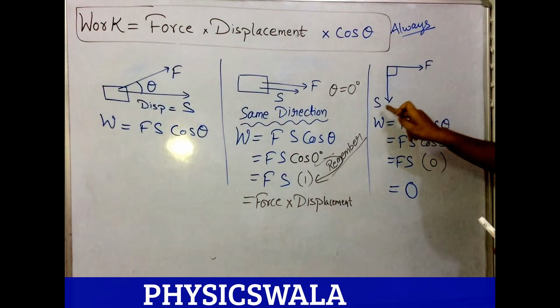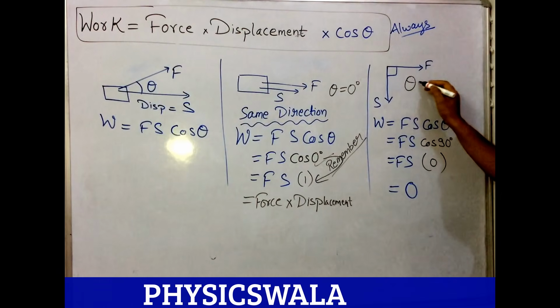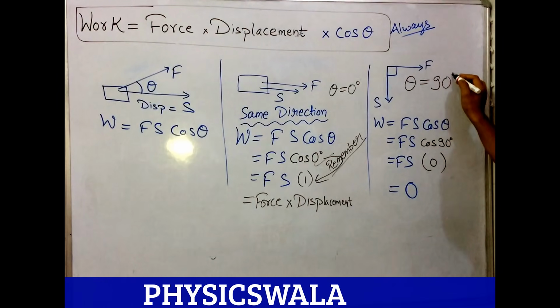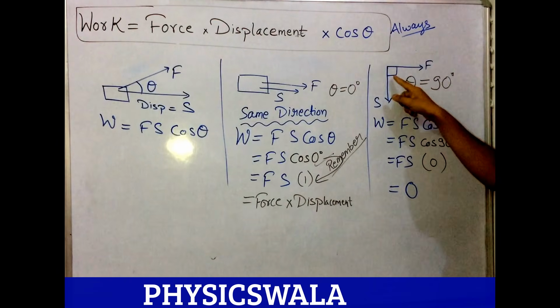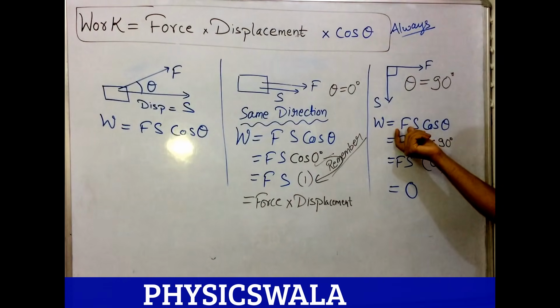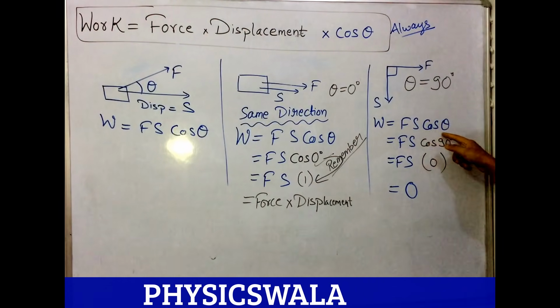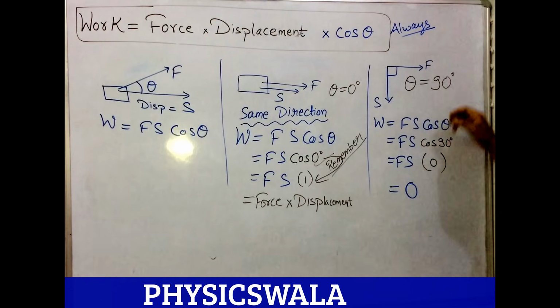When force and displacement are perpendicular, what is the angle between them? The angle is 90 degree. When force and displacement are perpendicular, work is equal to force into displacement into cos theta, and theta is 90. So we put cos 90.